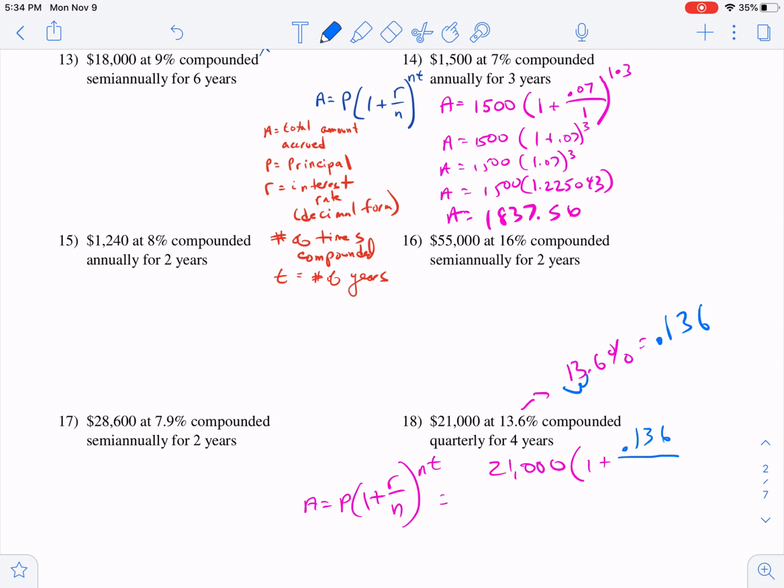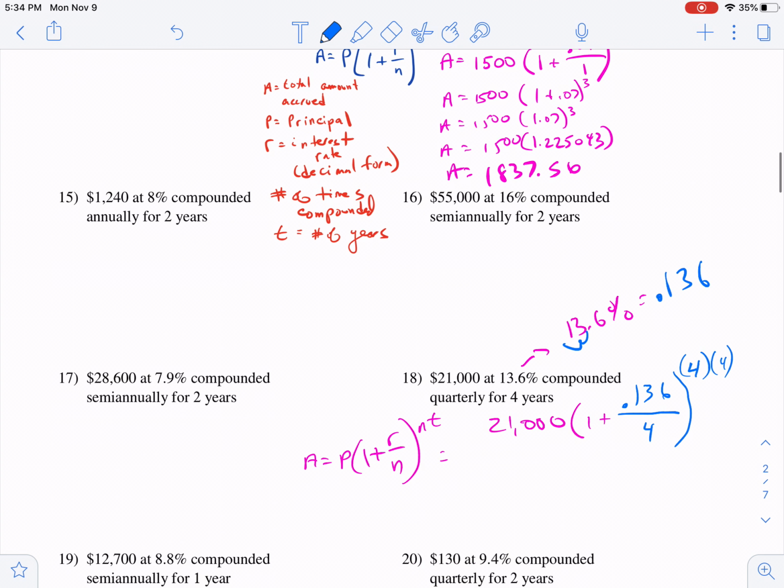So 0.136 over N. This is being compounded quarterly. So how many times a year is it compounded? 4 times a year. I'm going to divide by 4. And then what's my N times T? That is the number of times it's compounded a year, 4, times the number of years, which is 4 years.